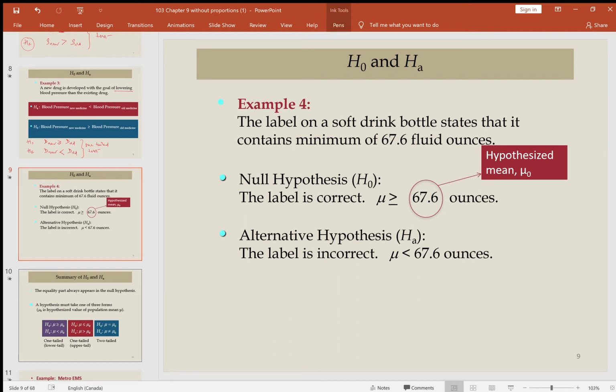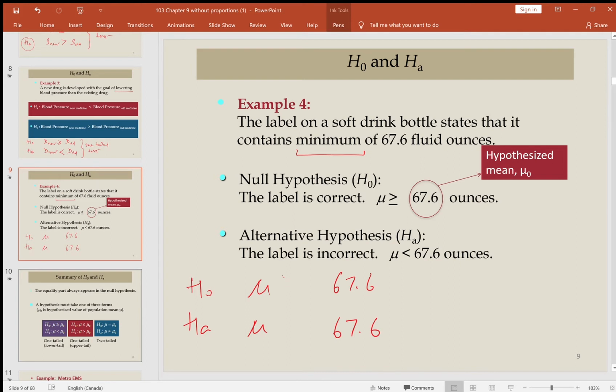The label on a soft drink bottle states that it contains minimum of 67.6. So focus on the word minimum. Again, it gives us some kind of a direction. Minimum of 67.6. Okay. So it can be 67.6 or more than 67.6, right?